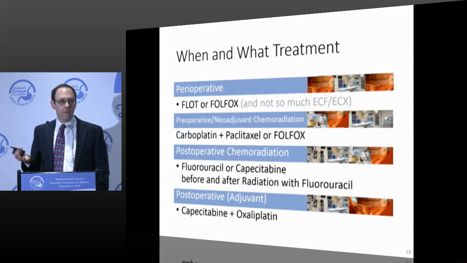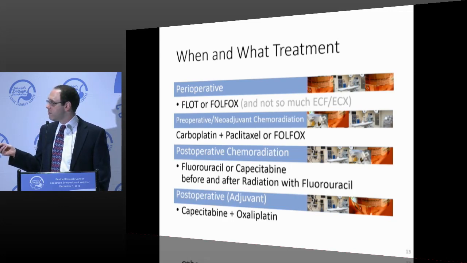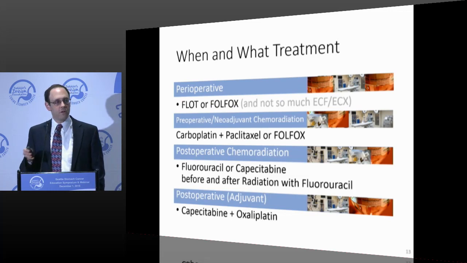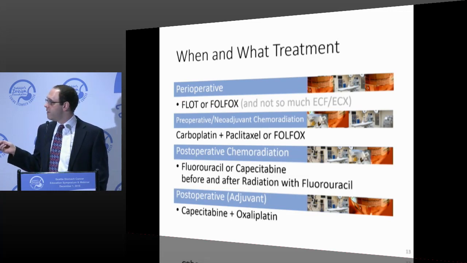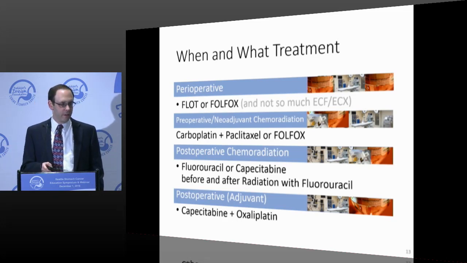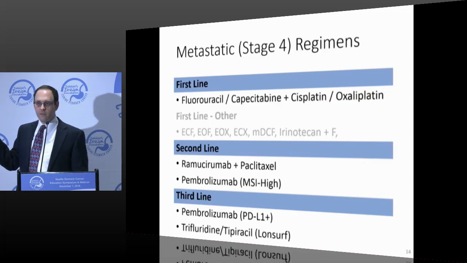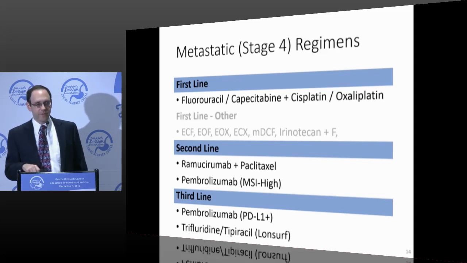But it depends a bit on where the cancer is. If it's more in that junction between the esophagus and the stomach, we lean more towards chemoradiation. And if it's more stomach and less at that junction area, we do more perioperative chemotherapy. That's kind of the way we do it. So that's all chemotherapy before and after surgery.